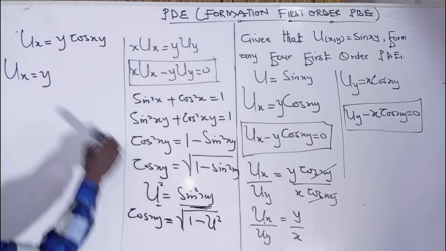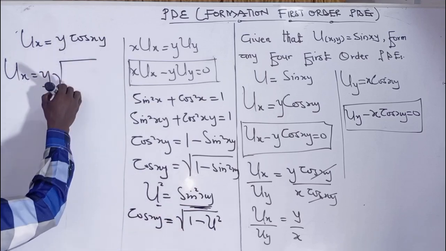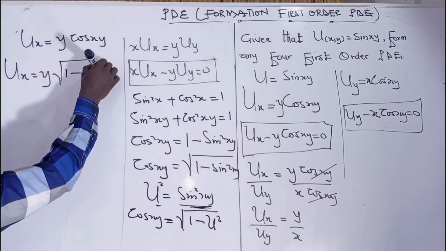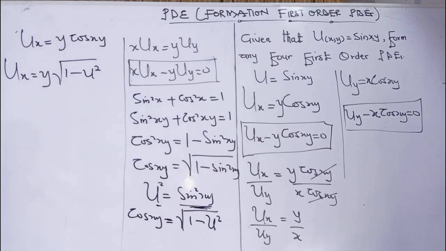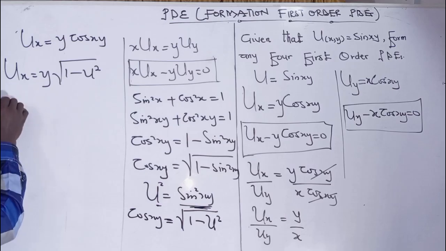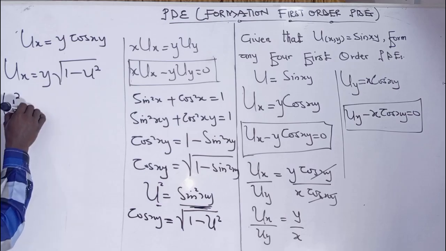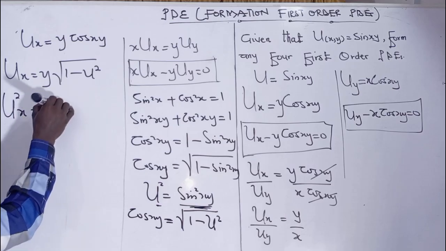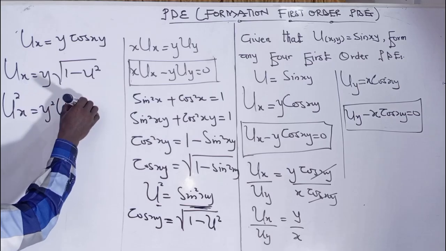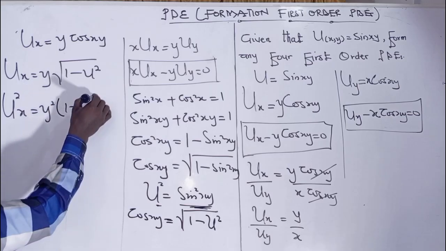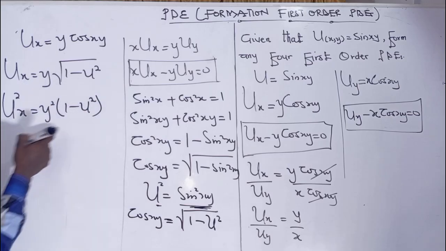Then we have root of 1 minus what? U squared. Now you can decide to do away with the square root sign by squaring both sides of the equation. So we are going to have u_x squared is equal to y squared times 1 minus what? U squared. So let's expand the bracket.